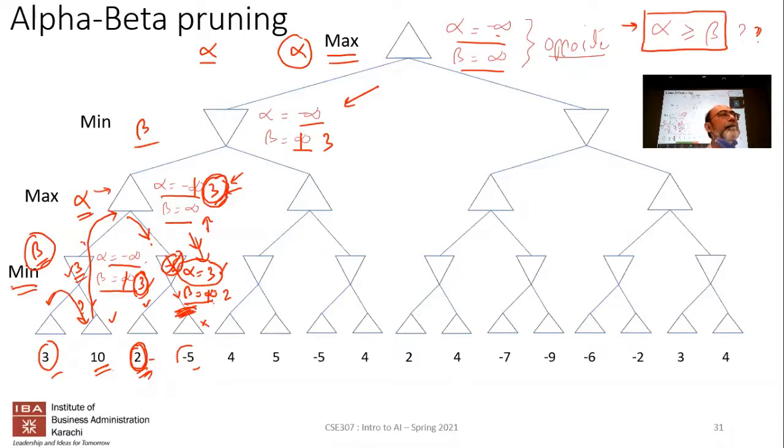No, so the beta value is not going to be changed. We're only going to change the alpha value at the max layer. So beta value was already there. Remember when we copied it downwards, it wasn't changed. We're only going to change it when the rule allows.